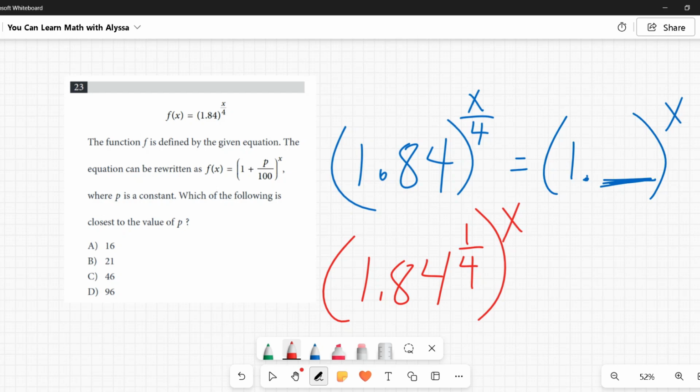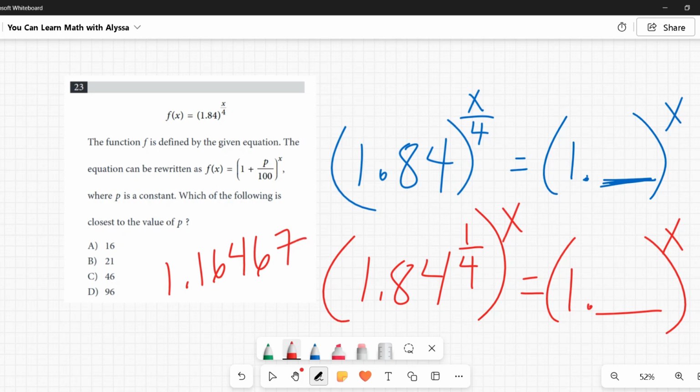So now I know 1.84 to the power of 1/4 to the power of x equals 1 point something or other to the power of x. All I need to do is type in 1.84 to the power of 1/4 into my calculator, and I will get 1.16467. And here it's asking which of the following is closest to the value of p. Remember, we're going to be rounding it to those two places.